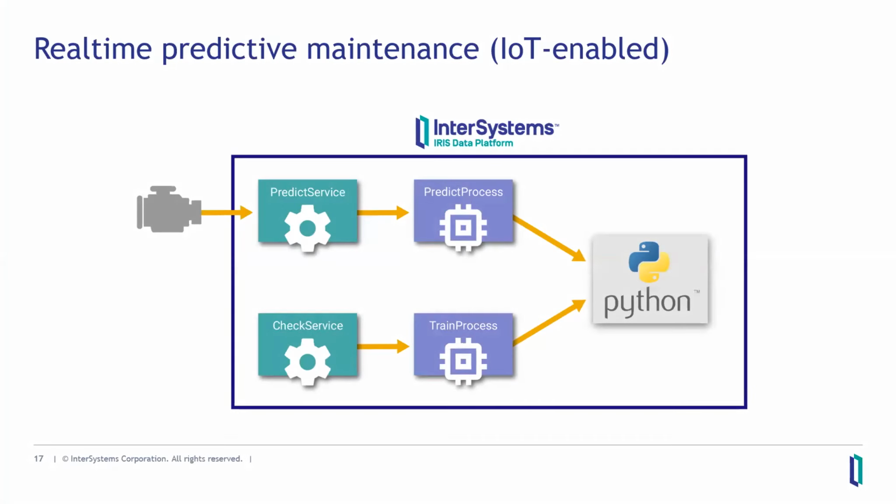It's used to train a model. We also have a check service. Check service checks existing model predictions and validates them against true data. In real life, we don't know the engine state at the moment, because if we did, we either find or already have a problem.